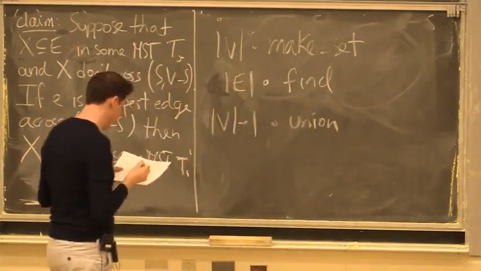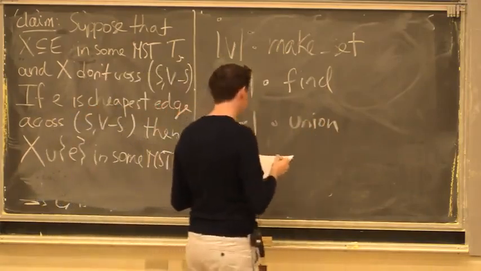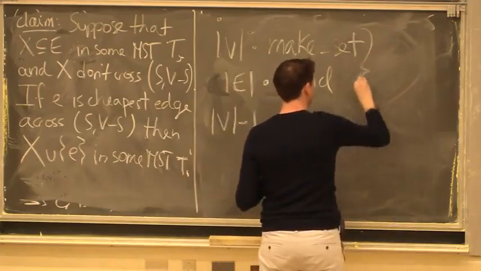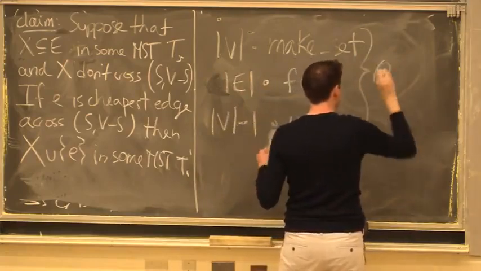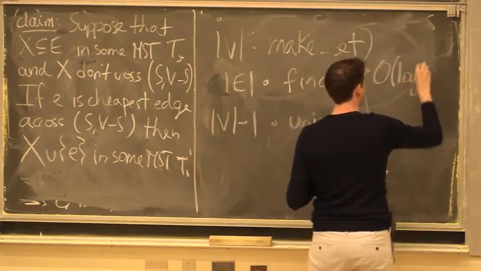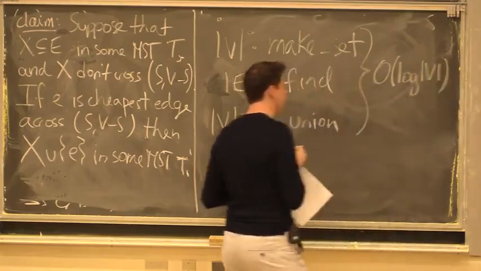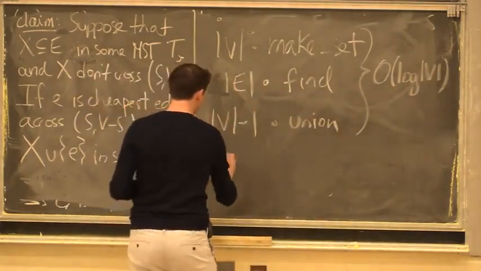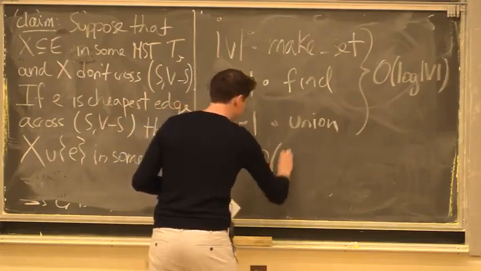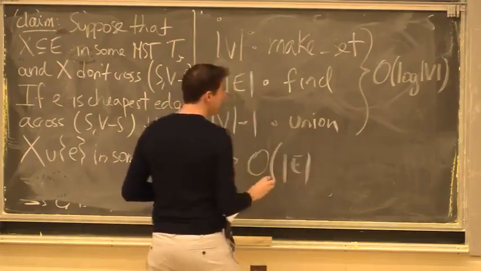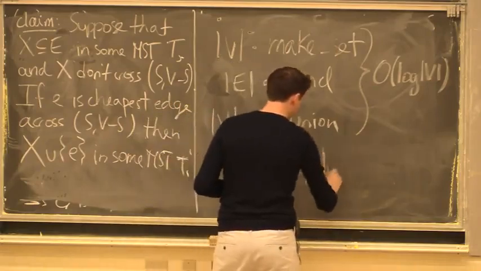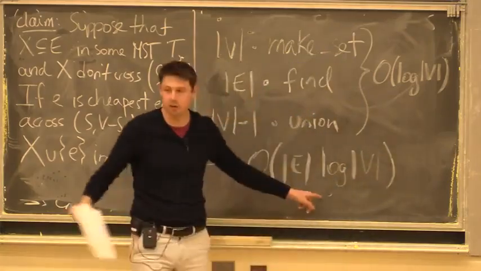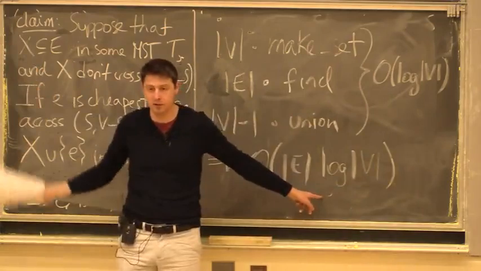Now you will see in the next lecture that each of these operations costs at most log V. So overall the running time of Kruskal is E log V. By the way, where did the log E go from up there for sorting?